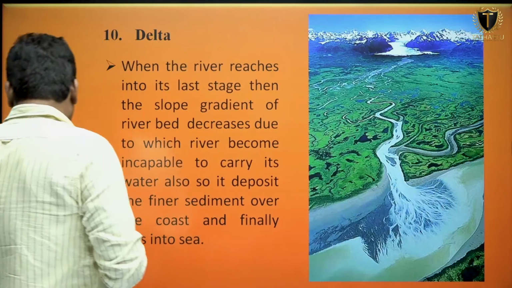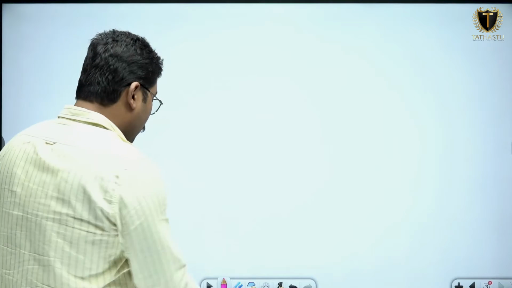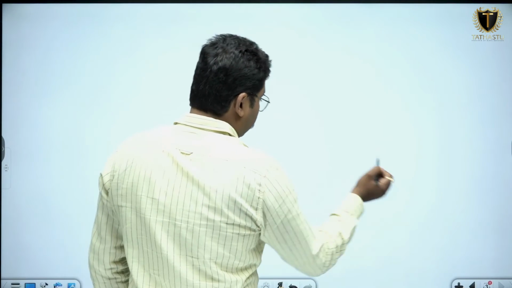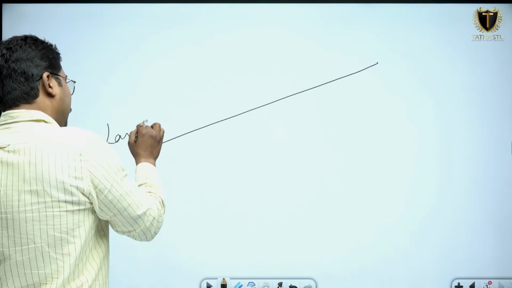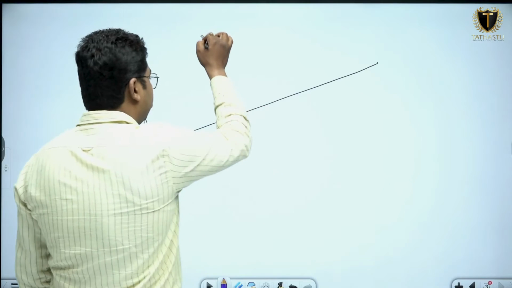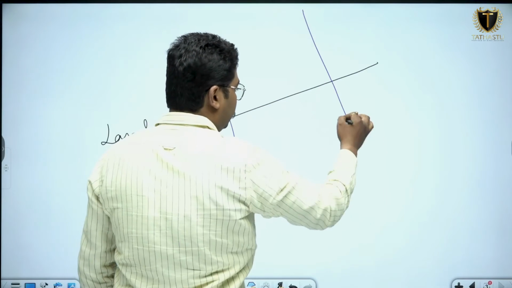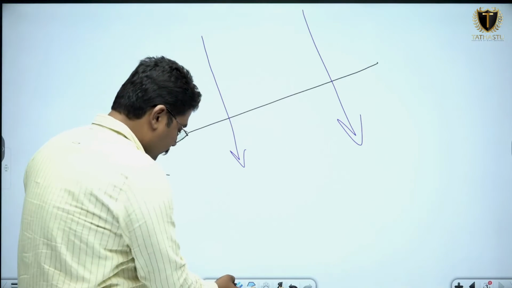See, in simple words, if I show you how delta and estuary are formed. In basic terms, you can say this is land and this is sea. Two rivers are there, one is this and one is this. Both are carrying sediment with them.